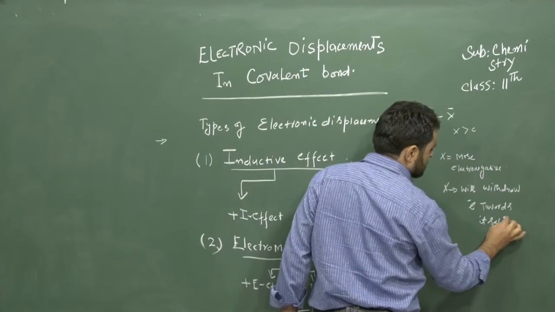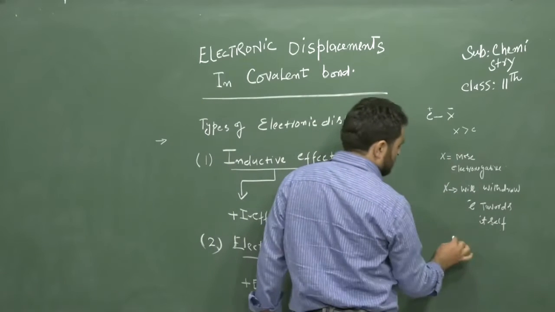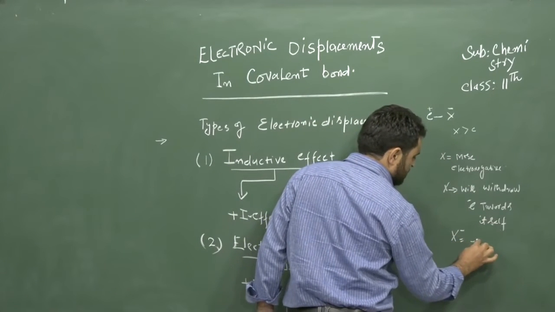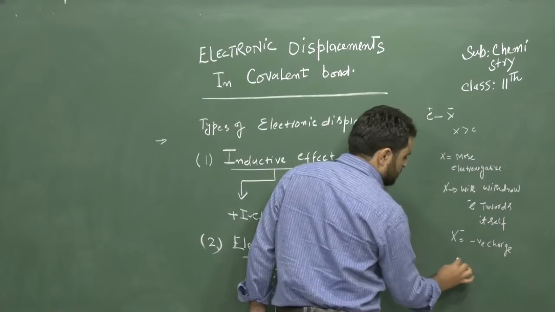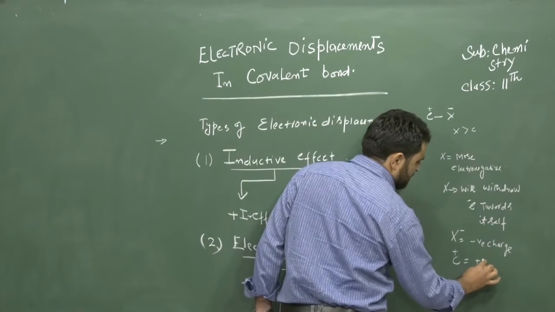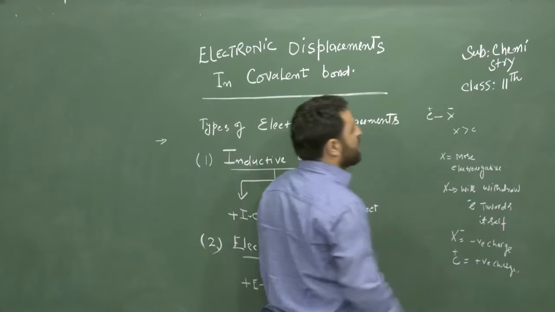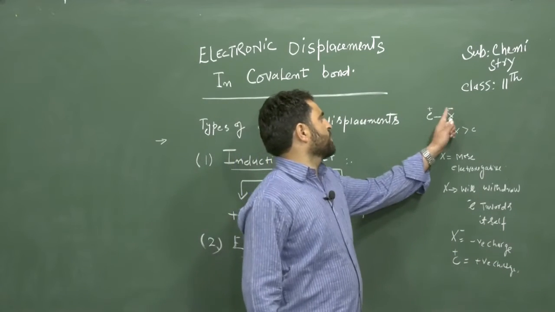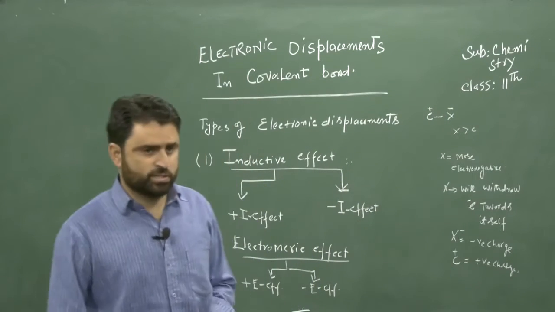When it withdraws electron towards itself, as a result X will achieve negative charge, and carbon will achieve positive charge. This displacement of electron and appearance of negative and positive charge is called electronic displacement.